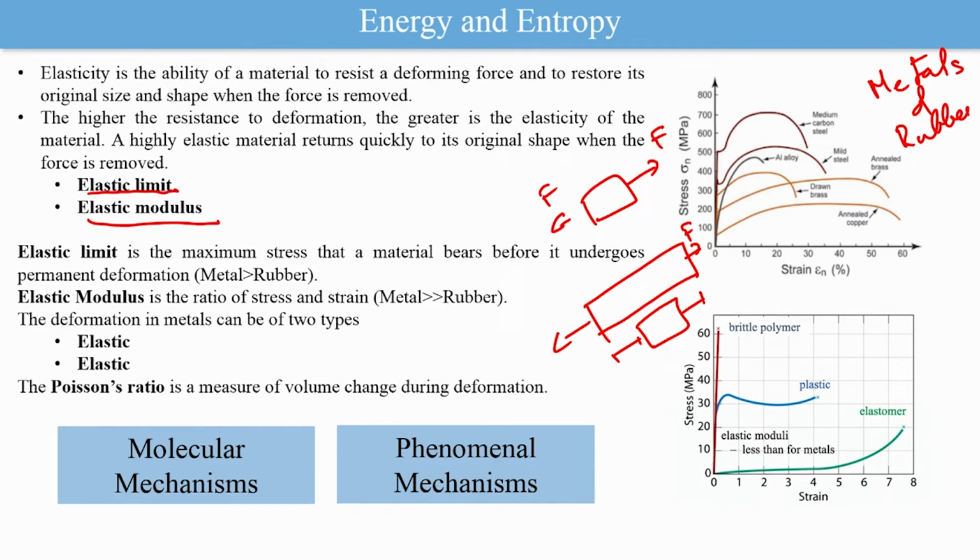That means, if you apply some force F, okay, the material stretches like this, and it comes back to its initial form like this when you remove the force. But beyond a point, okay, if beyond a force say F max, what happens is it will deform such that it will not come back to its previous shape. So, it actually kind of gets damaged.